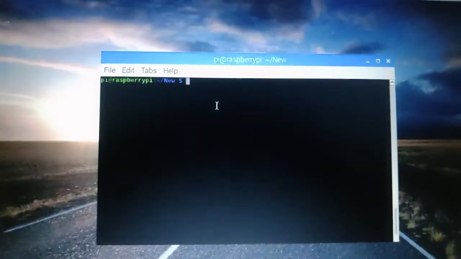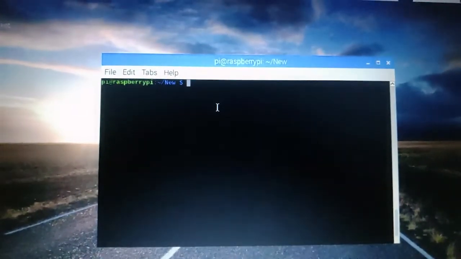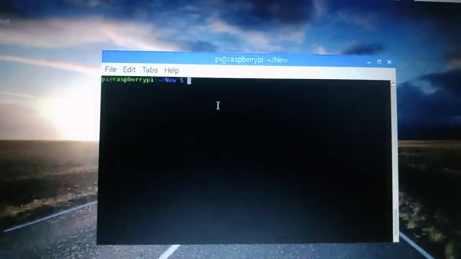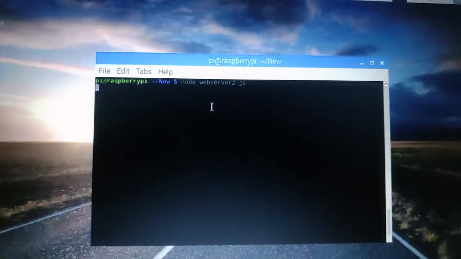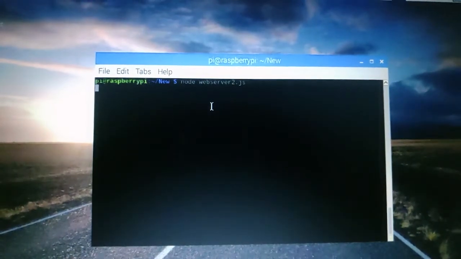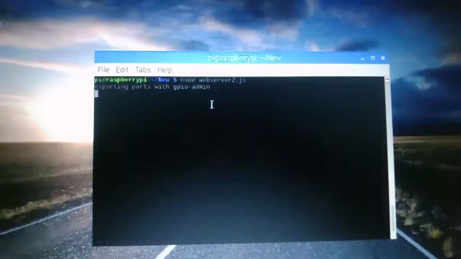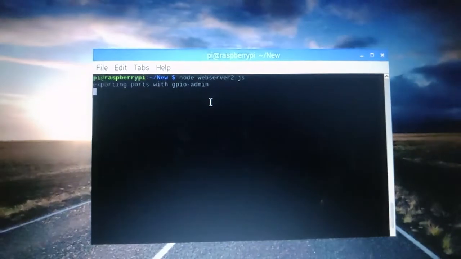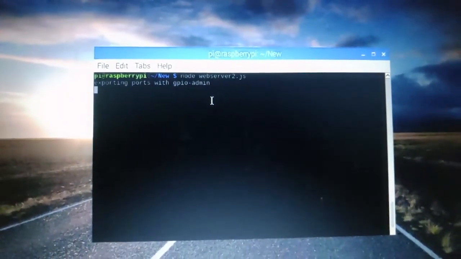Okay, this is a simulation. First, let's start the programs. Okay, now the light sensor will read the light intensity. Then the input from the sensor will be read as 0 or 1.